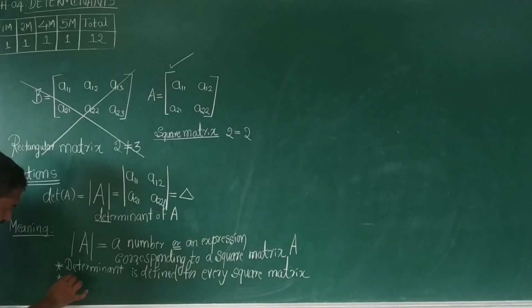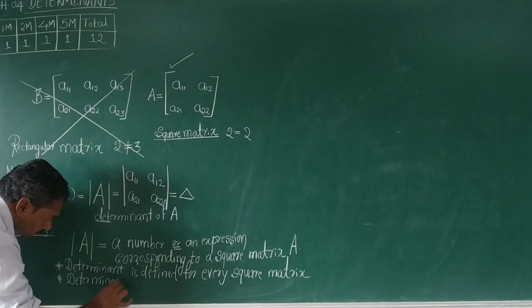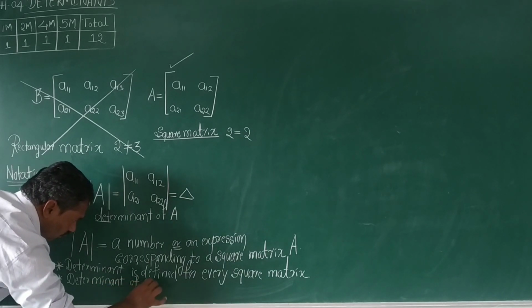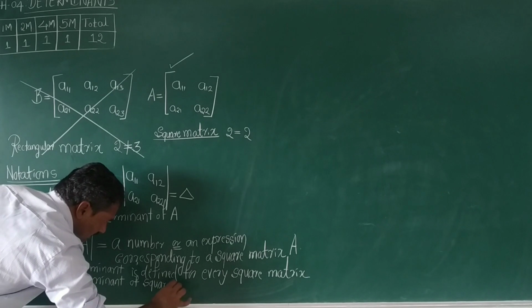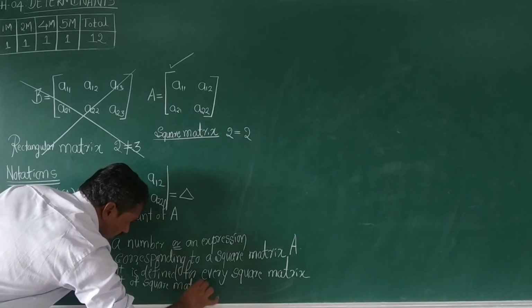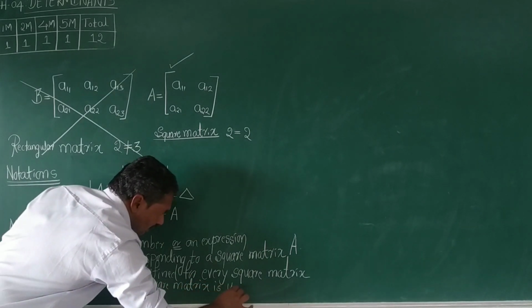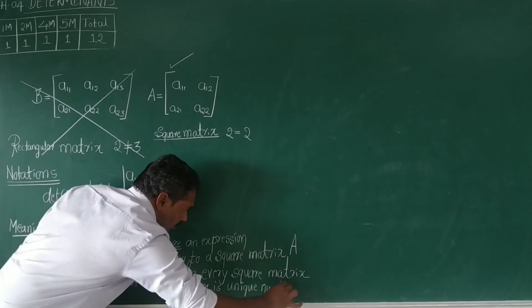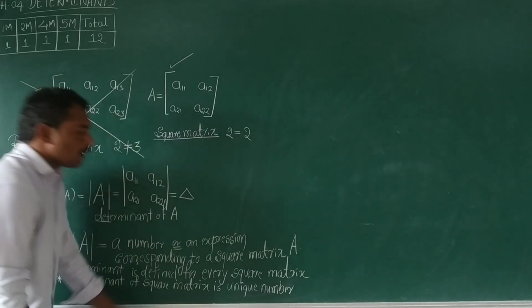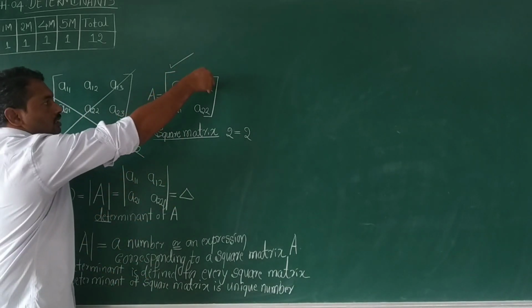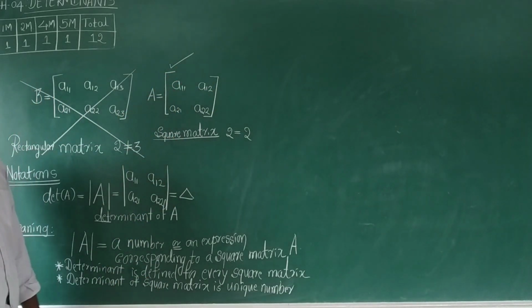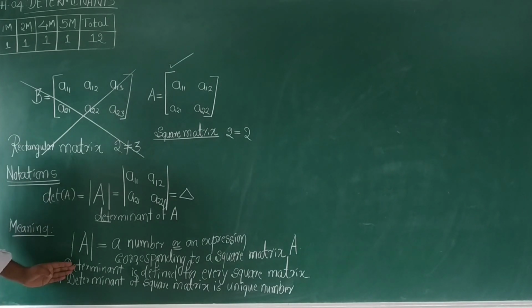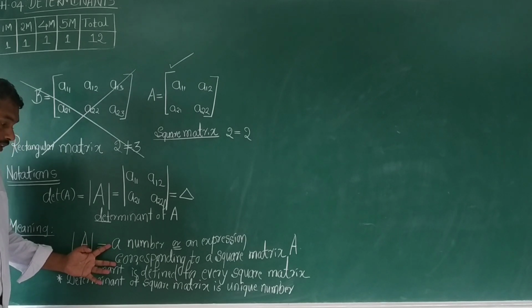And one more is, determinant of a square matrix is a unique number. It is either a real number or a complex number depending upon the entries in the square matrix. Okay. So these are the 2 statements from this meaning.